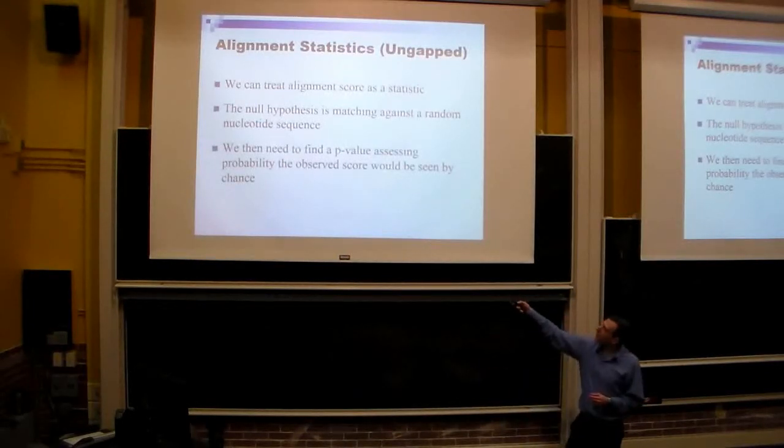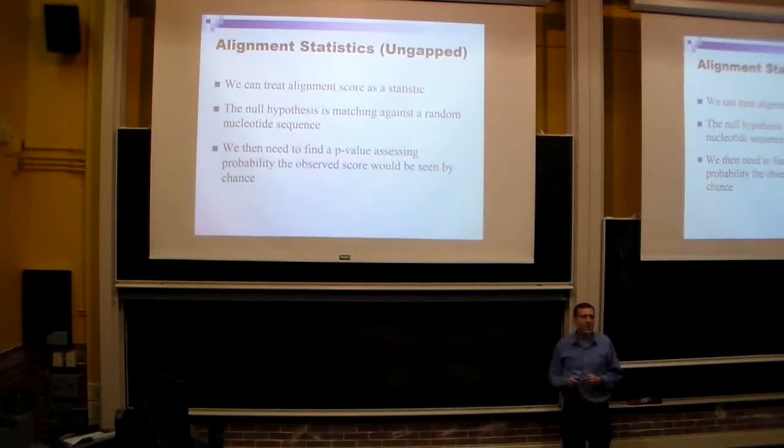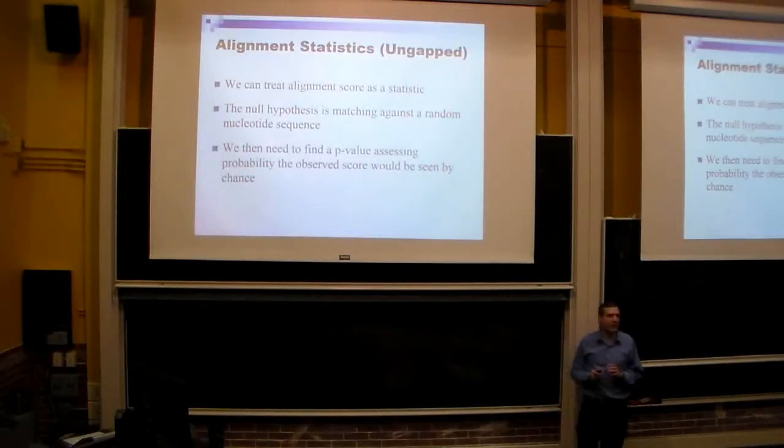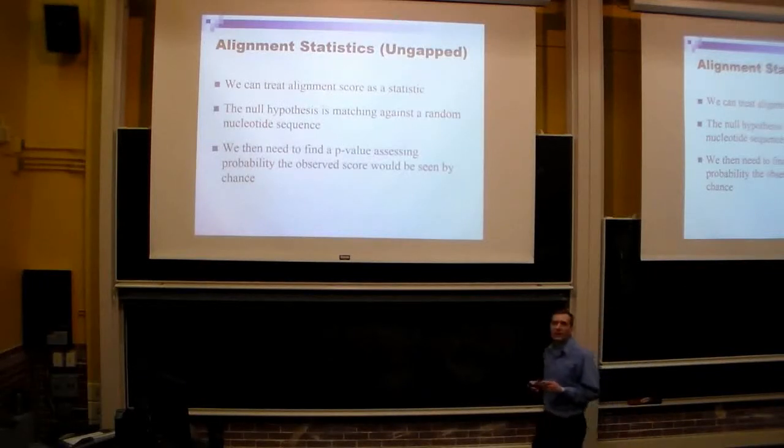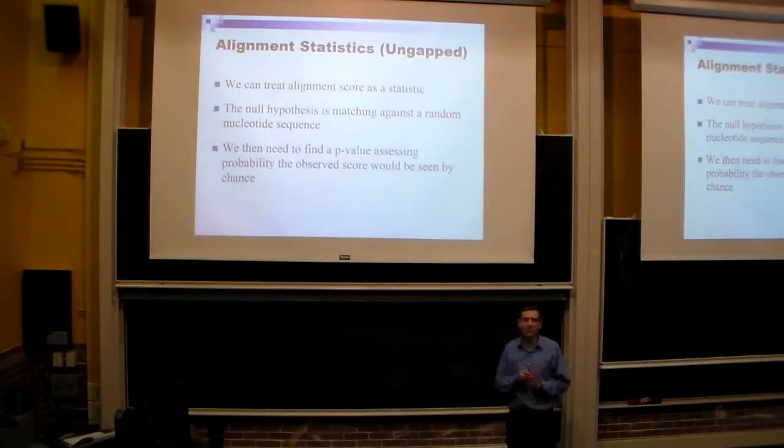The null hypothesis we'll be using is that we're matching against random nucleotide sequences. There can be some subtleties here with respect to what we mean by random. Usually with nucleotide alignments, what we mean by random is we're just assuming each base occurs with probability 1/4.